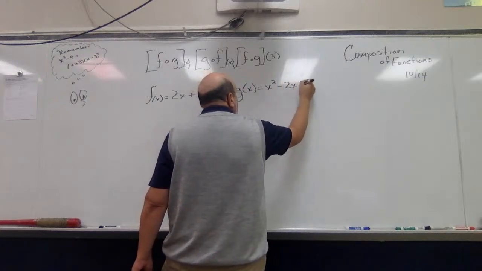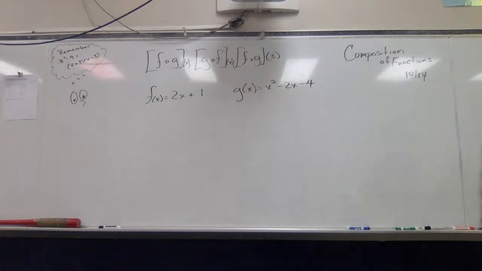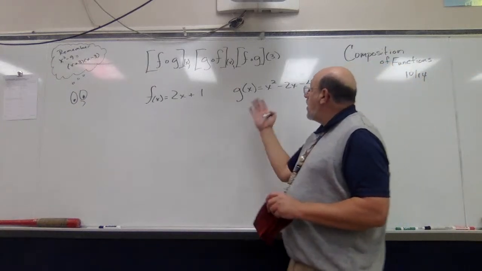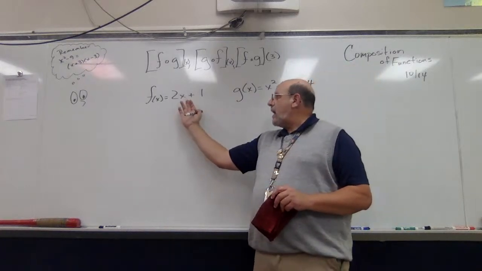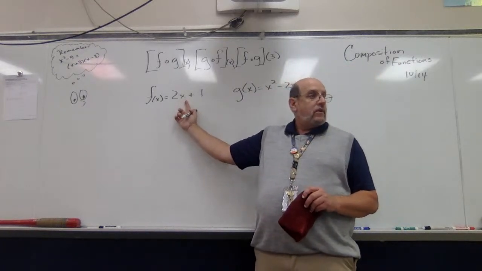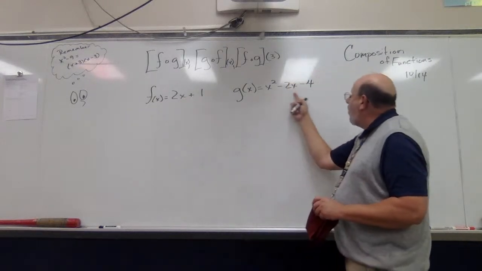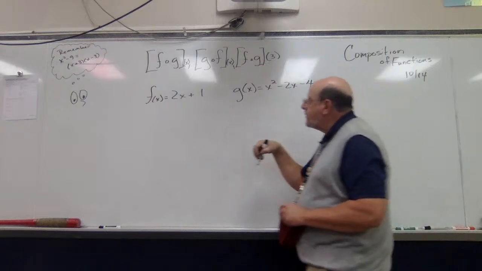That's your homework, so I want to do this first. Cool? So copy this down. So I'm going to input this function into this guy wherever I see an x. Right? So wherever I see an x here, I'm going to put this whole thing in, and then multiply it by 2, right?